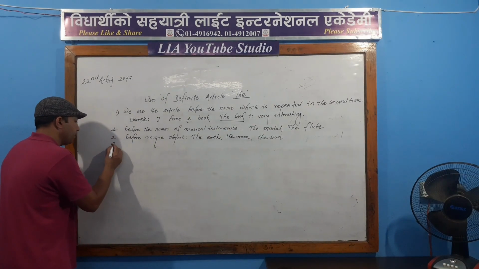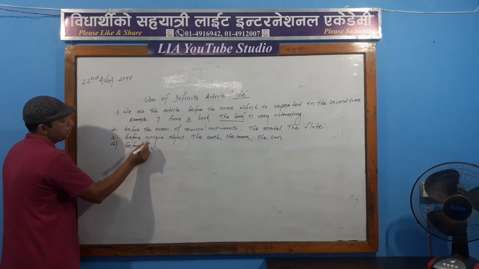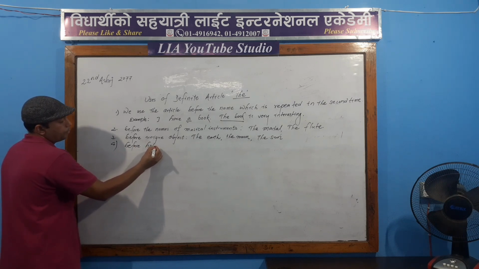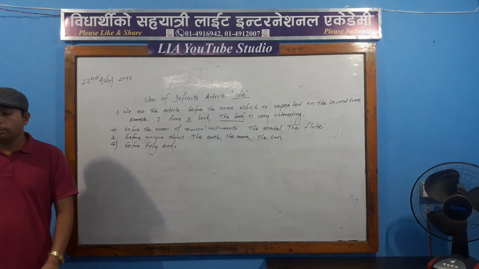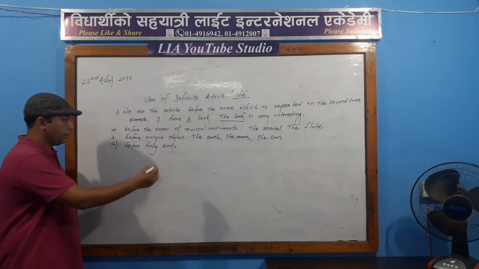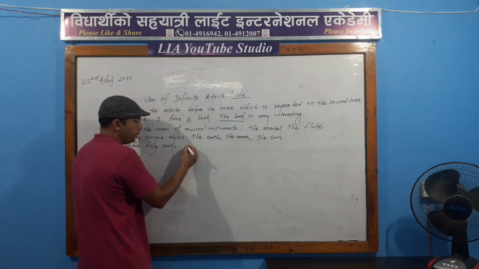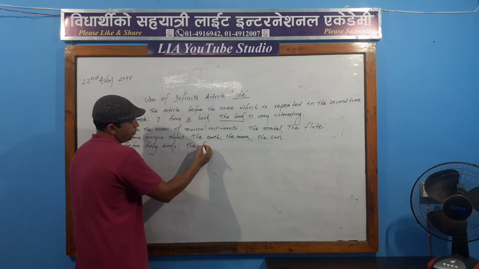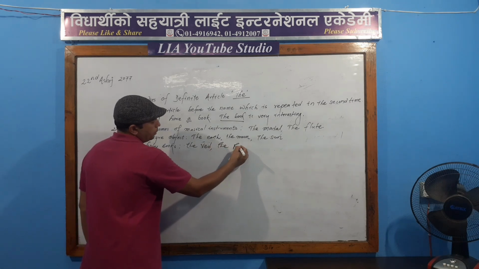Okay. Number 4: before holy books. Holy books means sacred, religious scriptures. For example, what is the Hindus' scripture? The Veda, the Ramayana.